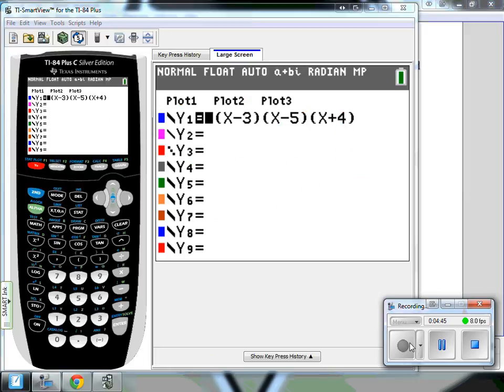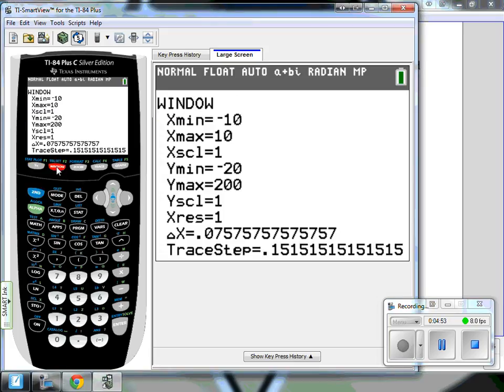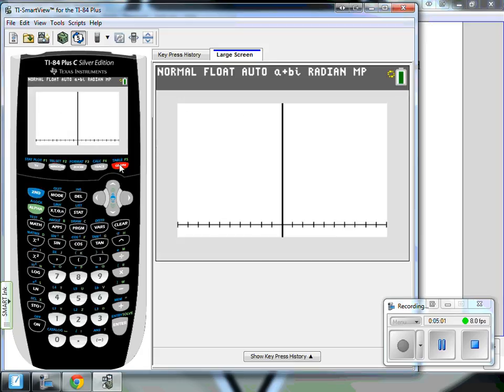Here we are at the calculator. You can see in the y equals screen I have the equation that we're graphing. I also have the window that we're using. Make note of that. And let's go ahead and hit graph, and we should see this polynomial. So it cuts up past -4. You can see it comes back down, hits a y-intercept.